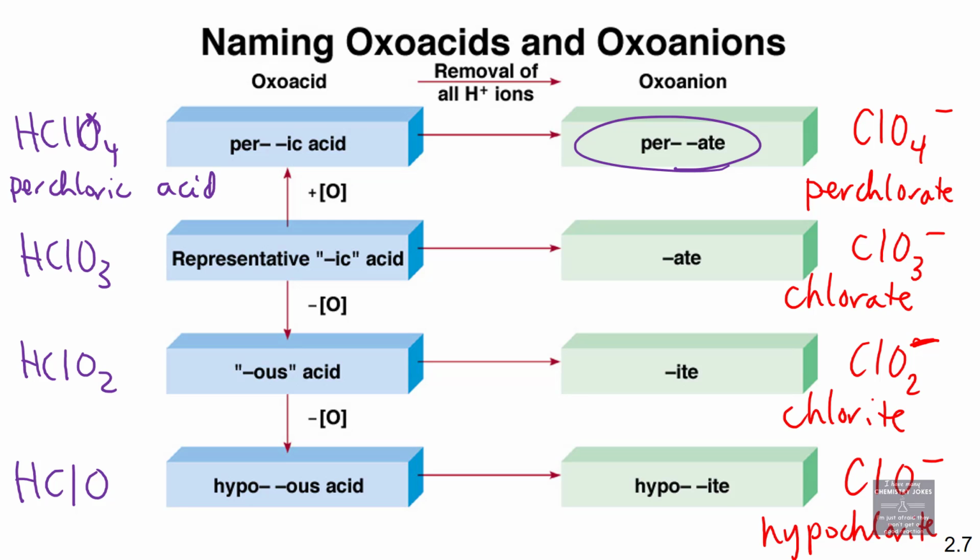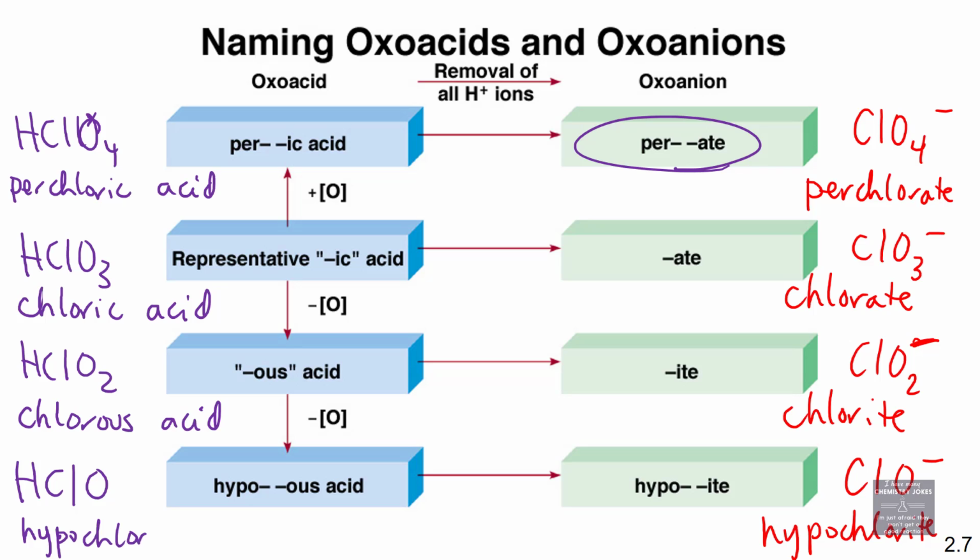And this is chlorate, so this is chloric acid. This is chlorite, so this is chlorous acid. And hypochlorite makes hypochlorous acid. That's how this little chart works.